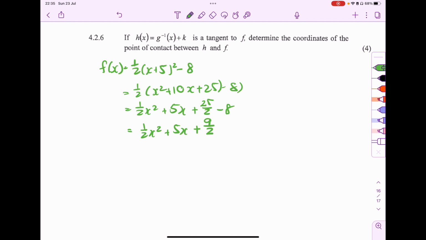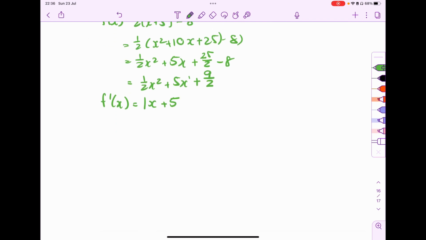Right, so let's derive that. Now we take the exponent times it by the coefficient. So 2 times a half, we have just 1, and then you drop the exponent by 1. And then here we have 1 times 5, which is just 5, and then drop the exponent, we get x to the power of 0, so then it's just 5 here.